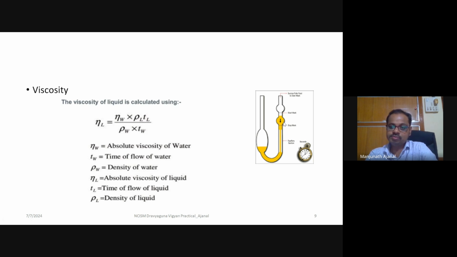The time of flow from mark A to B is what we need to note down, compared with water. So this is the formula: ηL = ηW into ρL and tL divided by ρW and tW. In the manual, another formula was presented, so you can refer to this particular formula which is available online.